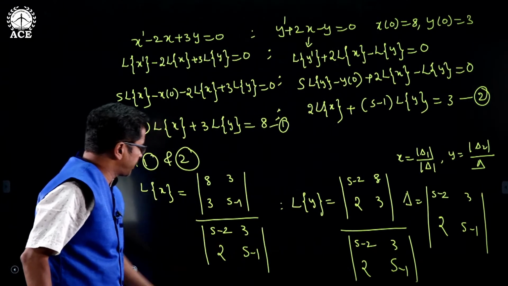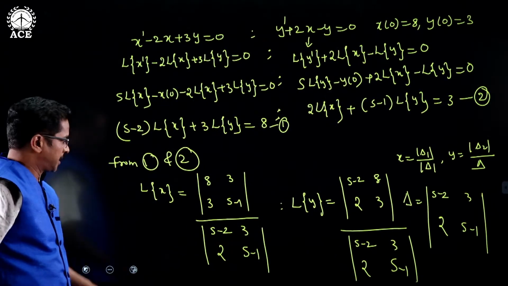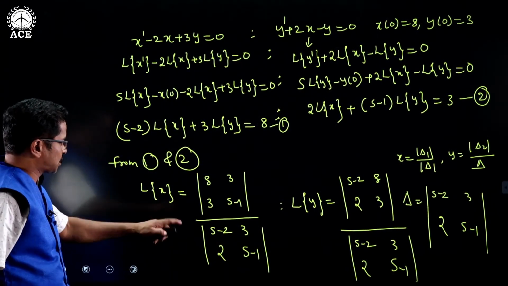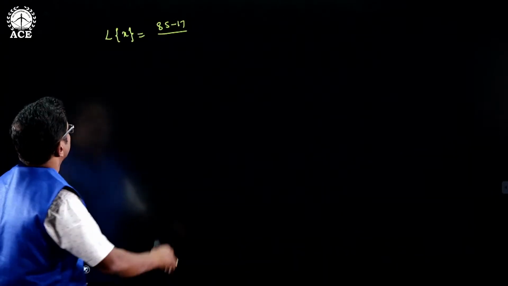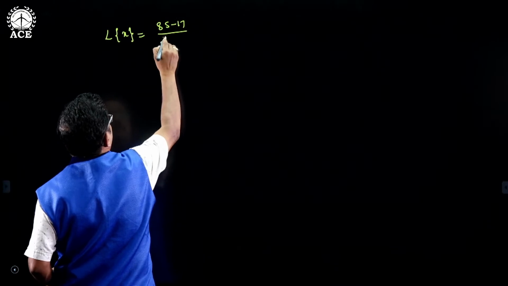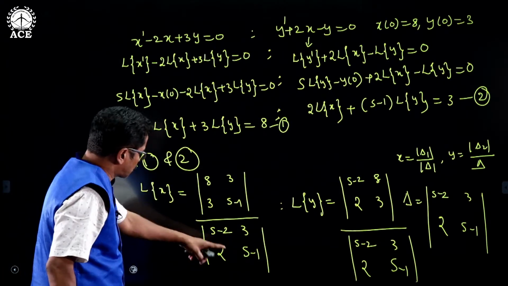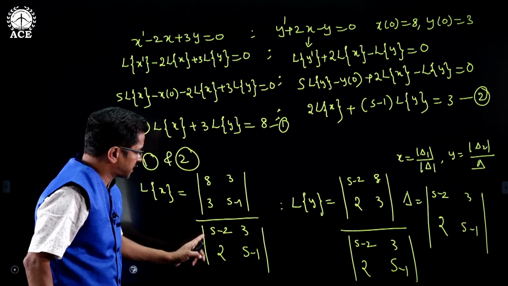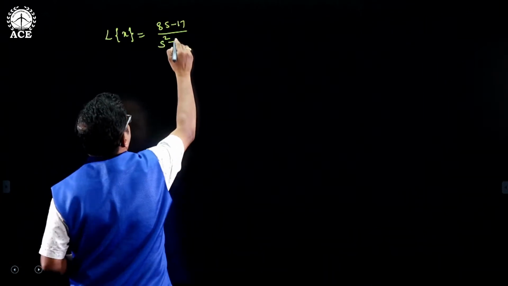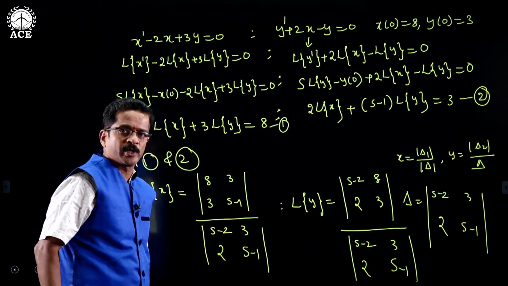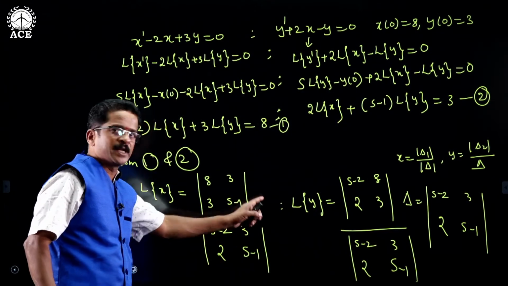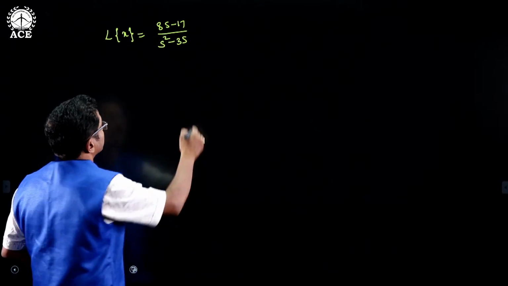S minus 2 into s minus 1 gives s square minus 3s plus 2, minus 6, which is going to be s square minus 2s minus s, meaning minus 3s, and minus 1 into minus 1 plus 2 minus 6 is minus 4.